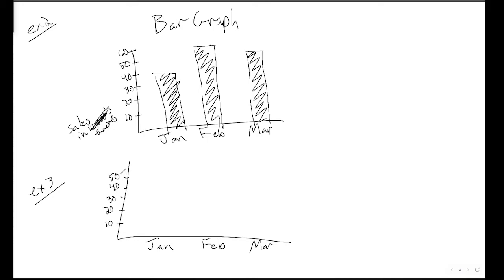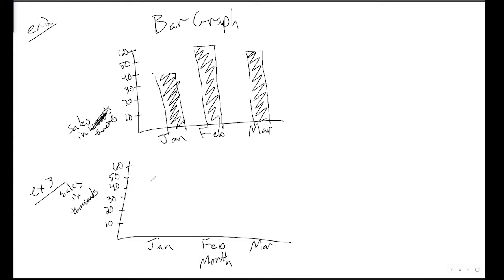You could just write it all out like 10,000, 20,000, but this is done a lot too where it's in thousands, sales in thousands. Okay, and then you'll have a label down here, maybe right here that says month.